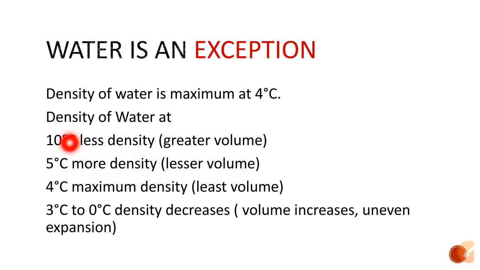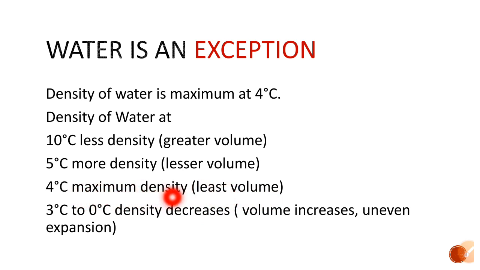As the temperature decreases, the water contracted, that means its volume decreases. Now at 4 degrees Celsius it gets the maximum density, that is the least volume. With the least volume, water has the maximum density.